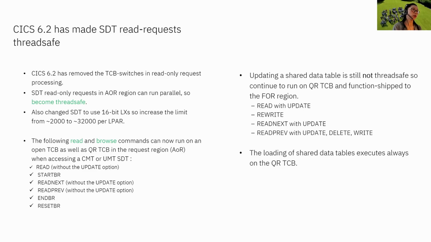For example, if you have hundreds or thousands of CICS regions, for ALPA we have changed the SDT to use 16-bit of access, which is a z/OS resource. So CICS can now allow an increase to 32,000 per ALPA. So if you have a lot of CICS regions doing those types of requests, then that will be a difference you will notice.